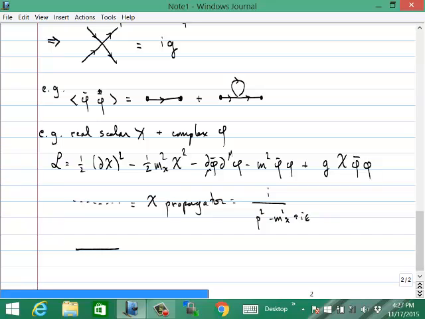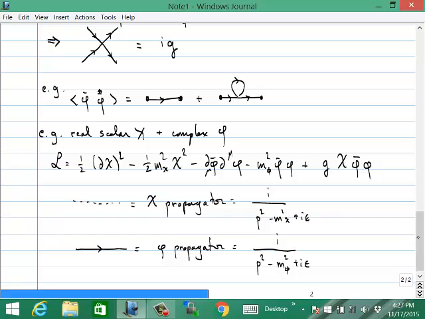And then we would have a phi propagator, and we have to put a little arrow there to indicate which direction charge is flowing. But aside from that, the value of the propagator, so let's call that m phi squared, is exactly the same as in a real scalar field theory.